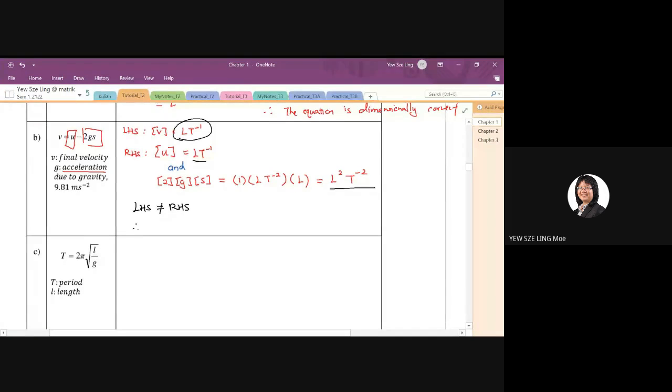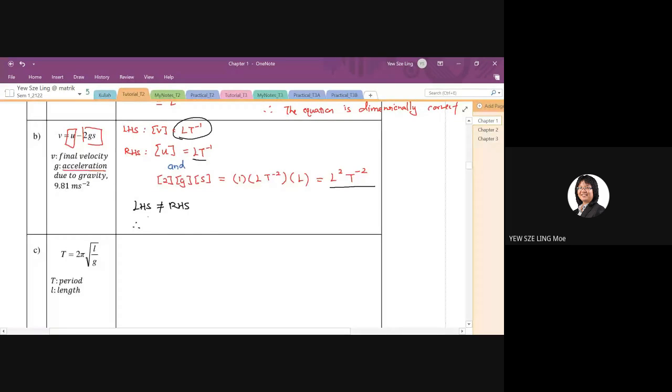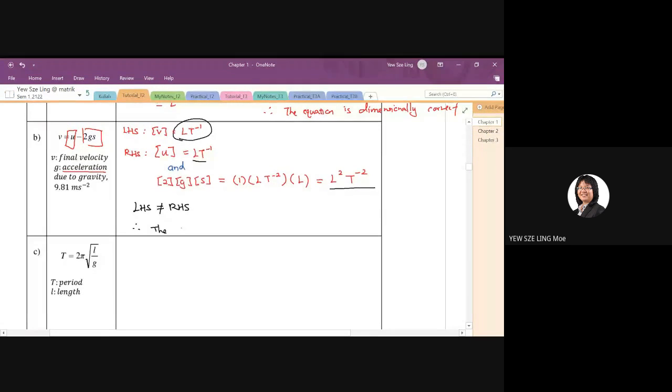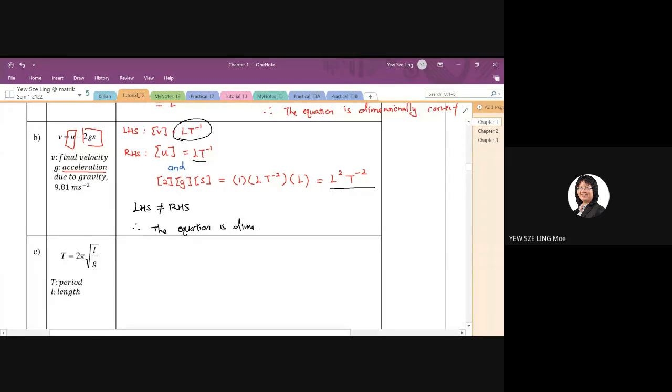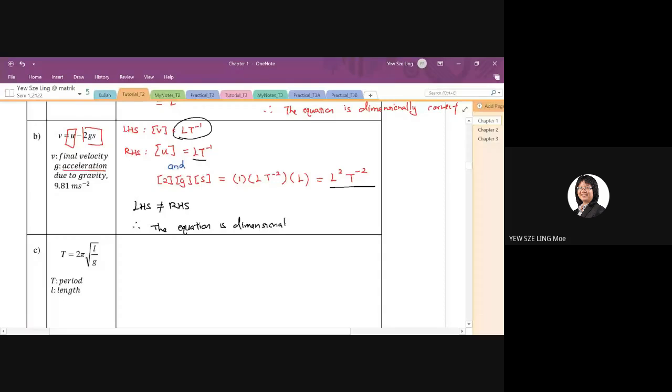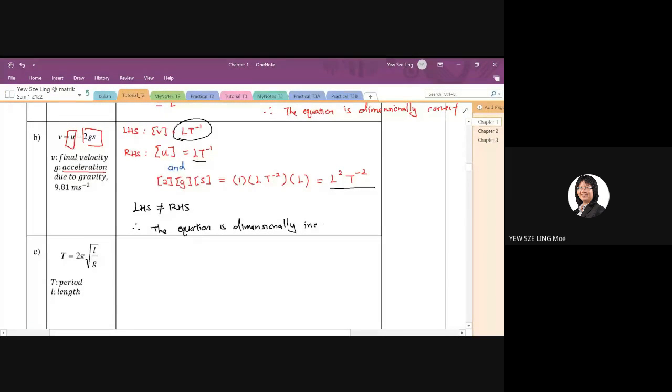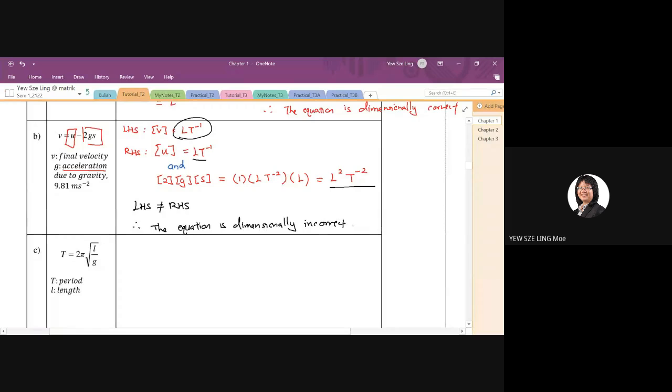So now you can make a conclusion: the equation is dimensionally incorrect.